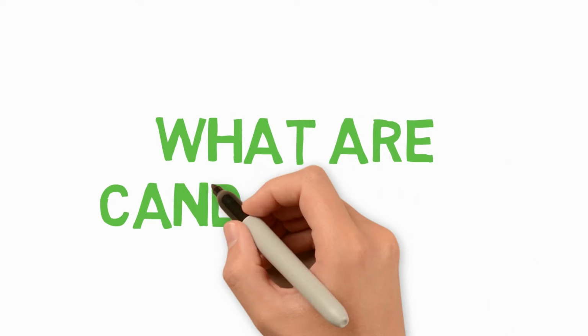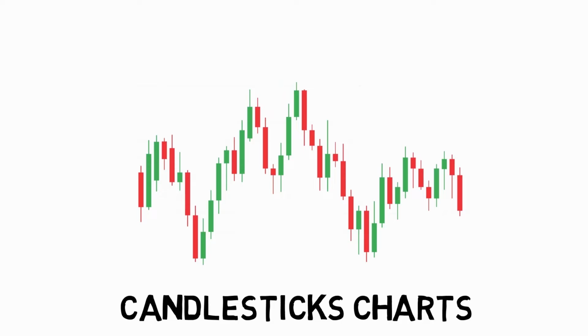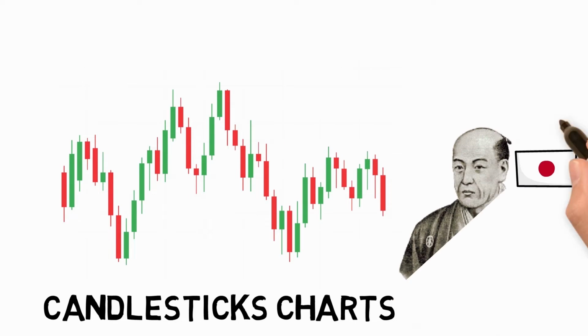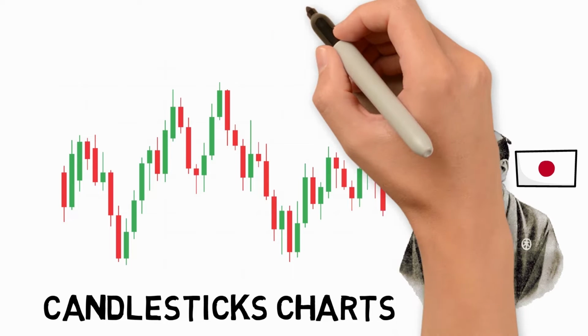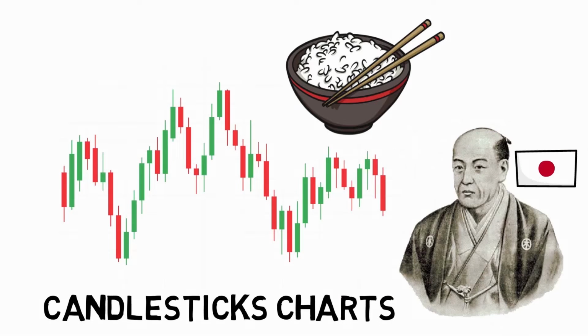What are candlesticks? Candlestick charts are called that because they use what resembles a candle for the price action of the commodity. This method originated in Japan over 100 years ago by a man named Homma. He discovered a link between price and the supply and demand of rice, which were strongly influenced by the emotions of rice traders.